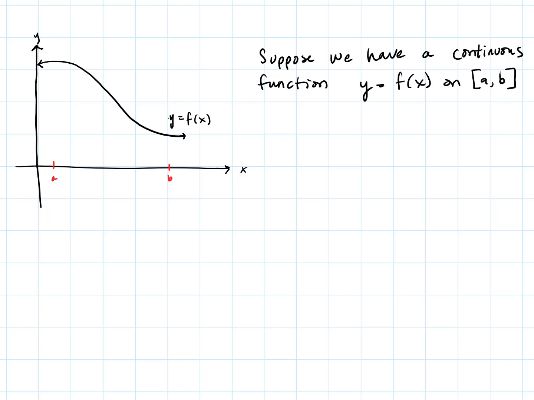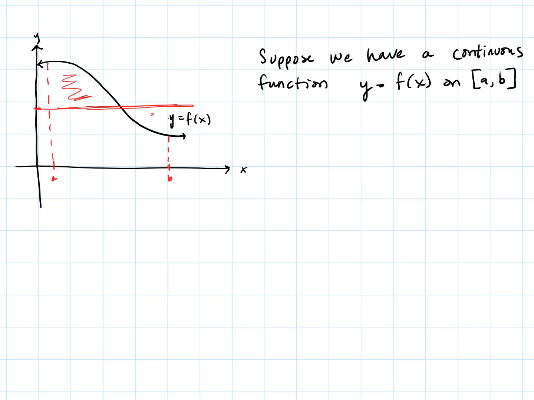Now, if we wanted to calculate what the average value is, we could kind of eyeball it and say the average value of this is probably somewhere in here, right? If we want to think in terms of area, it's almost like we could take this piece of area and kind of settle it in.